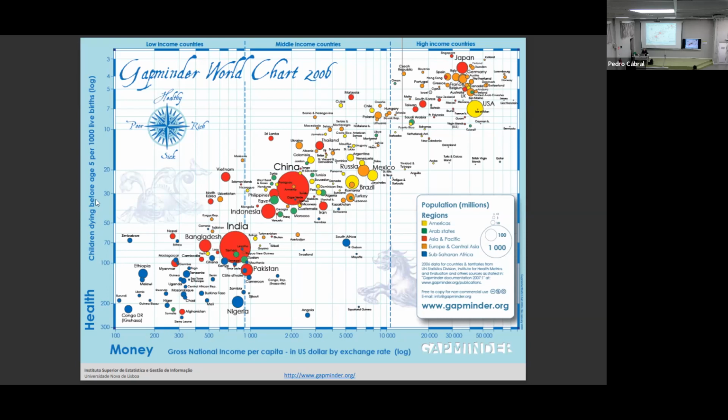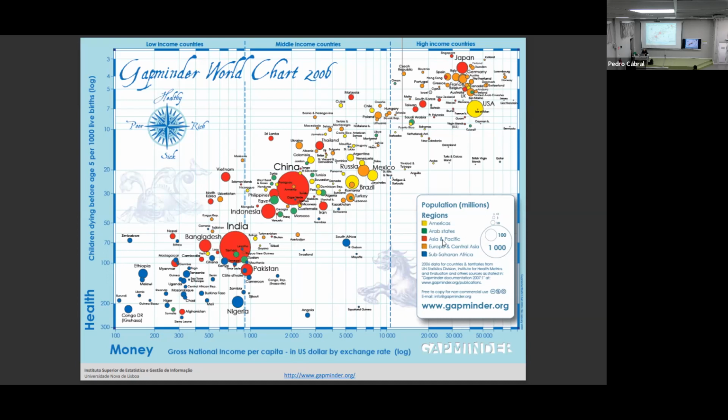So vertical position represents children dying before 5 years per 1,000 births, using a logarithmic scale. And the horizontal position represents the gross national income per capita, okay?